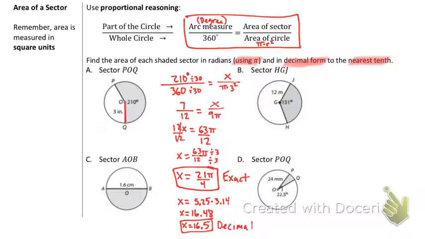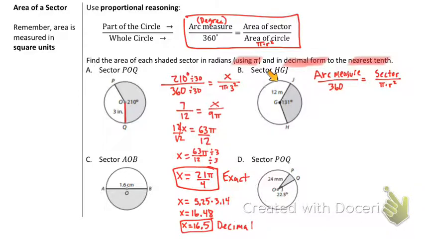All right, so using the same formula, arc measure divided by 360 equals sector area divided by area of a circle, which is pi times r squared. And then let's plug in our information.